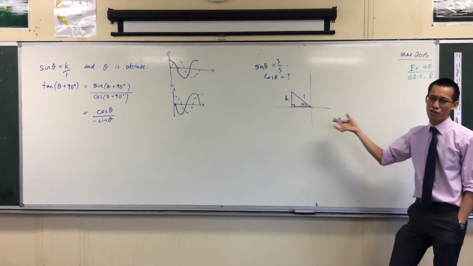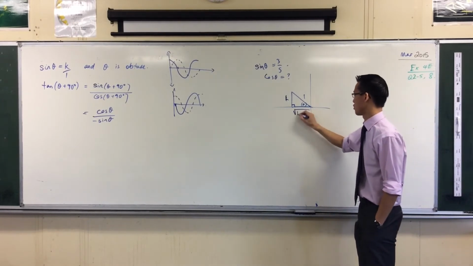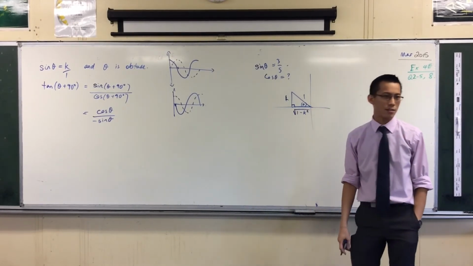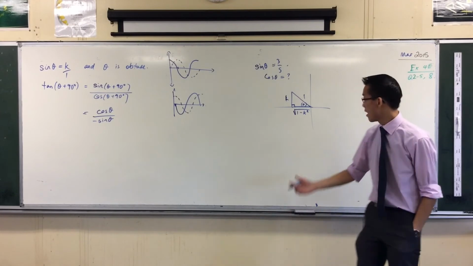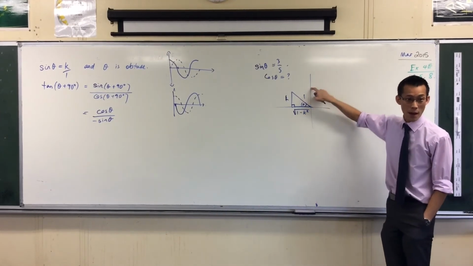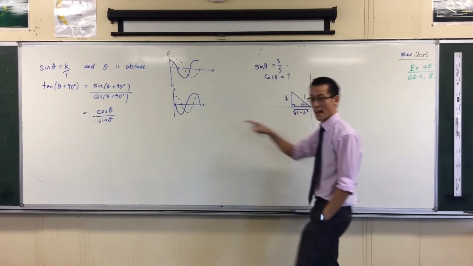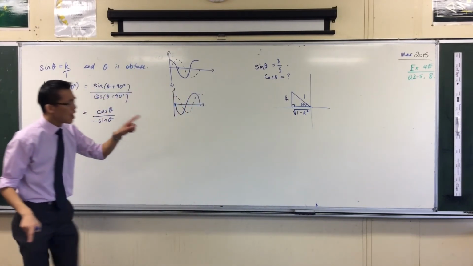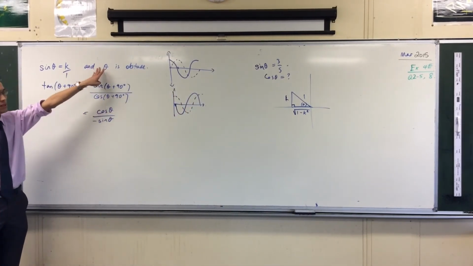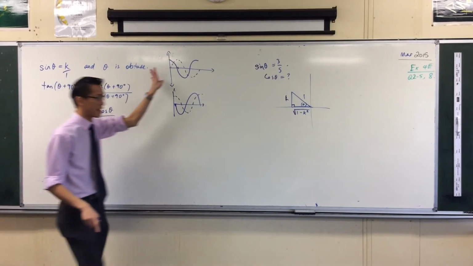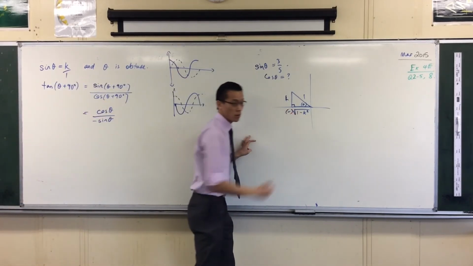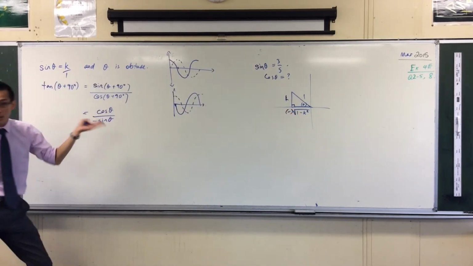So at this point, you can now see, by Pythagoras, and you don't need to labor it, that side there is the square root of 1 minus k squared. And this is adjacent over hypotenuse. So now I have cos, okay? One more thing to note: because theta is obtuse, and I'm in the second quadrant, that square root actually has a minus sign out the front, right?